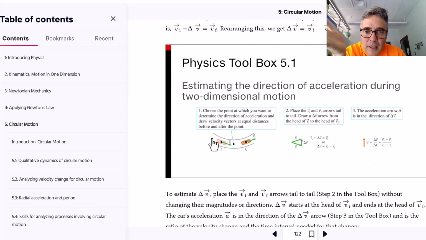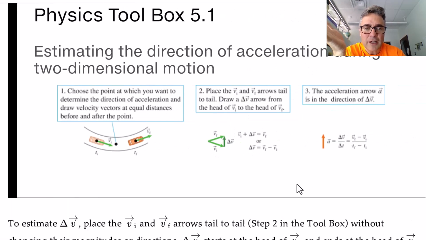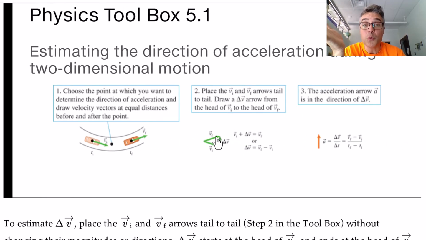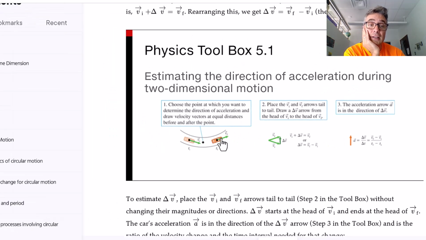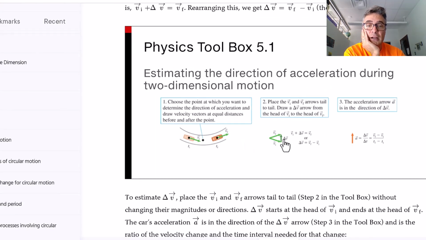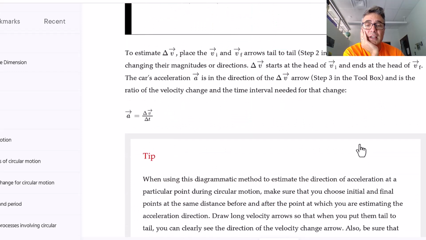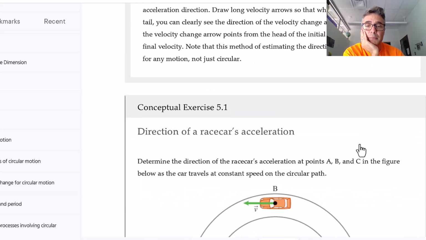So the way you do it is, if you zoom in a little here, you're going around the corner, final minus initial. If you actually do the vectors, you do get a delta V. It's not zero. So if you're turning to the left, you've got an upward delta V. And that's going to correspond to an acceleration, which is always towards the center of circular motion.